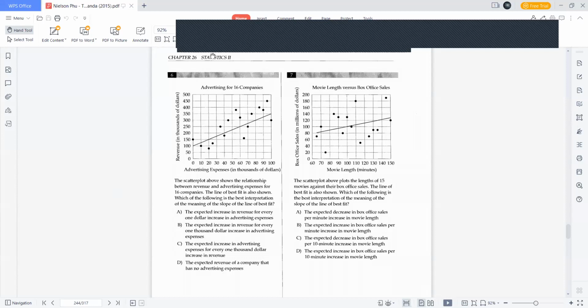Okay, think about this logically. If you have a business and your revenue is increasing, is that telling you that you need to up your advertising? Which of these comes first?